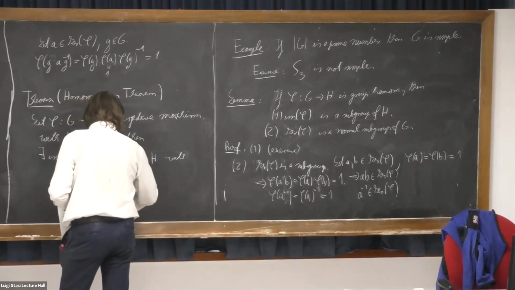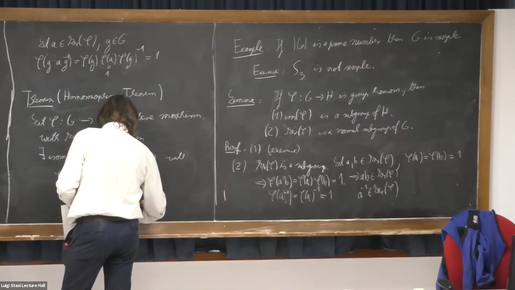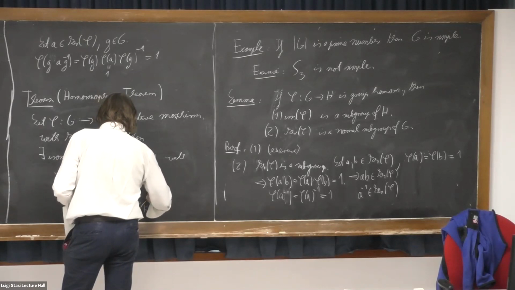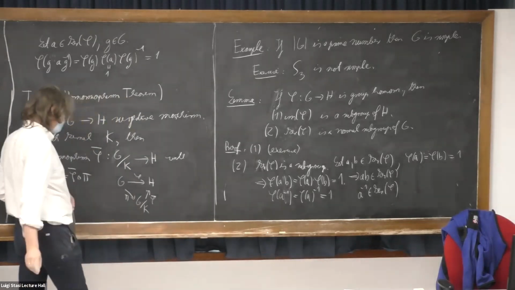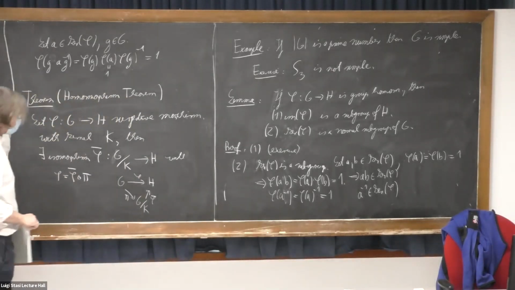We have the diagram G, pi, G mod K. This was pi. This is pi bar. Okay, so this is this.